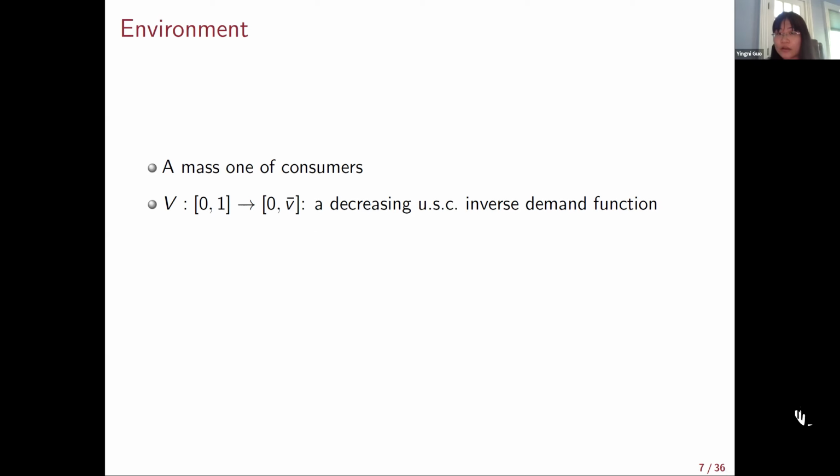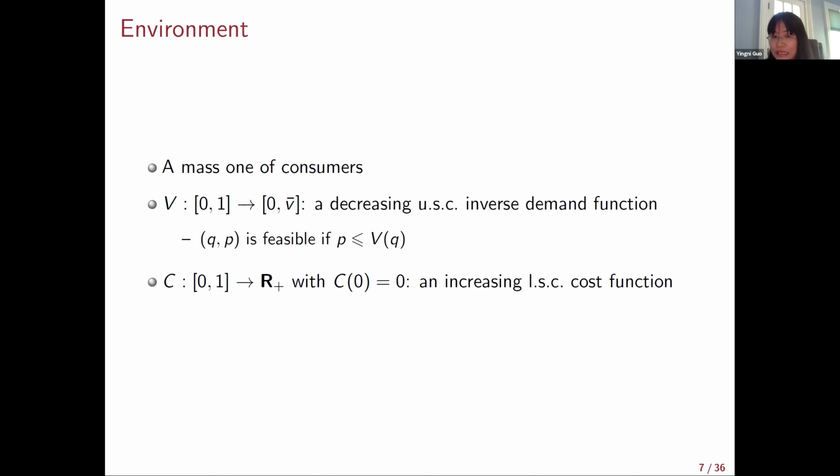Now, the firm can only choose a quantity Q and a price P if this quantity Q and P is below the demand function. So if P is smaller than V(Q), we call these quantity-price pairs feasible. Now the cost function of the firm is given by capital C, and it's weakly positive and weakly increasing. So producing more involves potentially more cost.